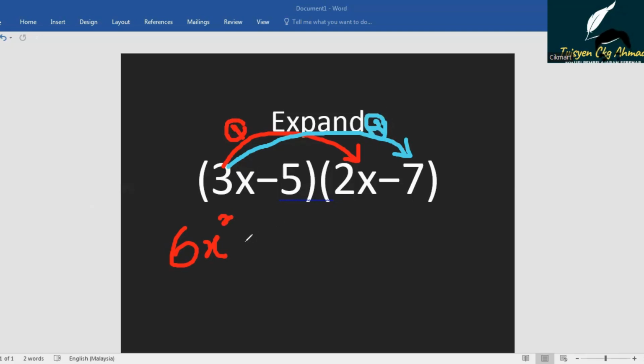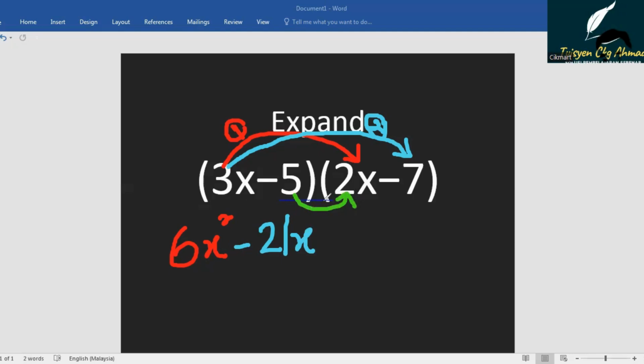So 3x times negative 7 is negative. Positive times negative comes to negative 21x.